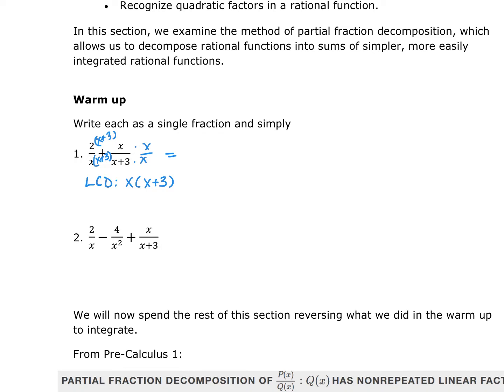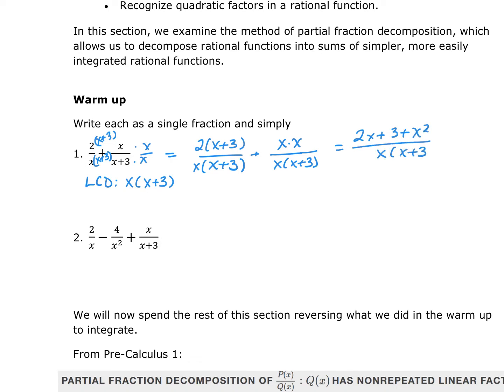In the numerator of my first fraction, I'm going to get 2x plus 3, times x plus 3, plus x over x squared, and don't forget, I do need an x right there as well. And then we have x plus 3. Now in the numerator, I'm going to get 2x plus 3 plus x squared, and in the denominator, I'm going to leave it as x plus 3.